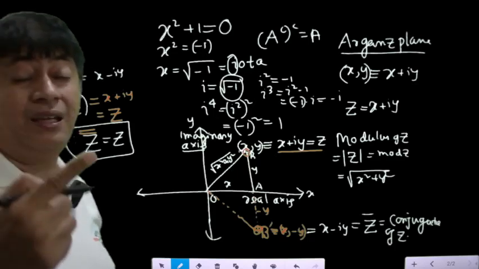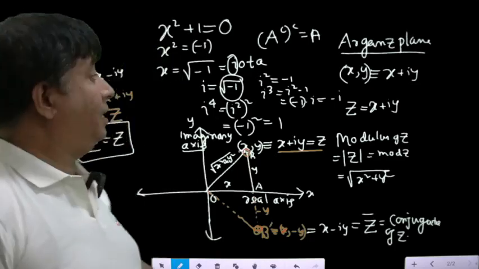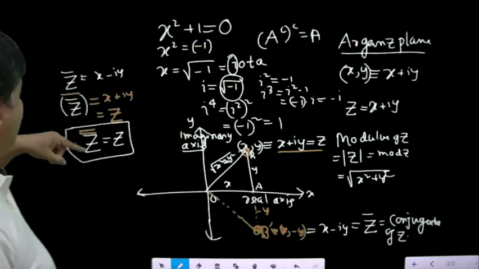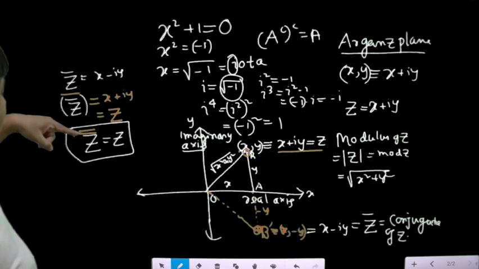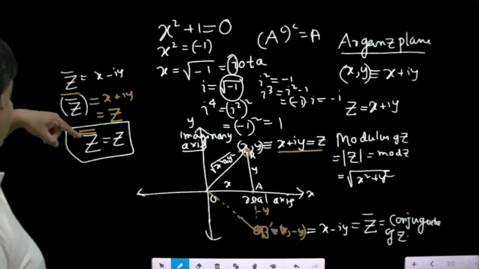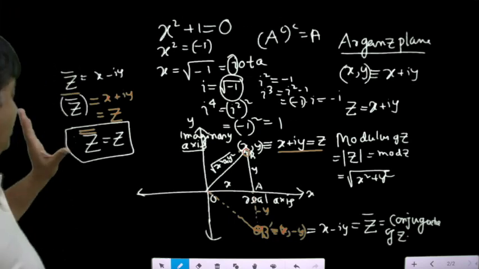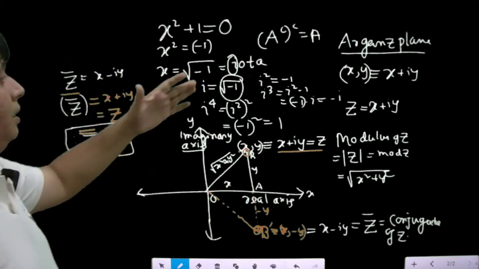Understand? Minus minus plus. The complement's complement is the set itself. That means z double bar is z itself. Understand? So same concept will be brought here.